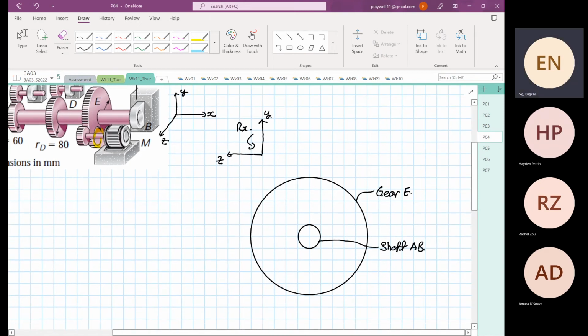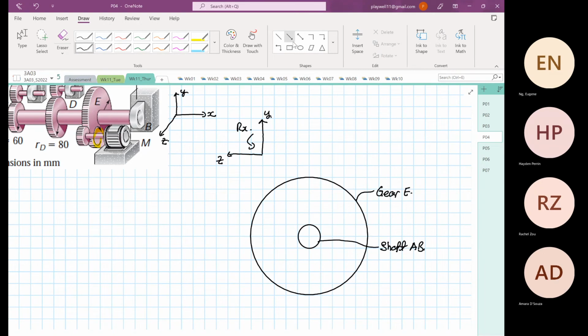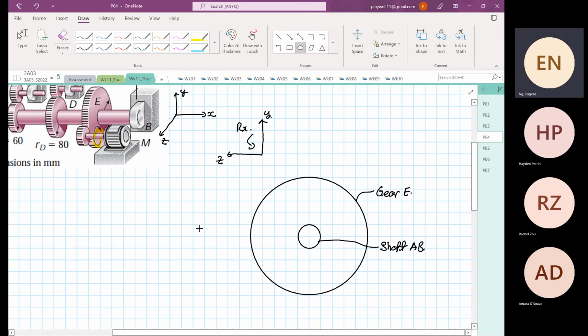Okay, I'm not going to draw the gear attached, so I'm going to draw the motor gear. So this is our motor gear.